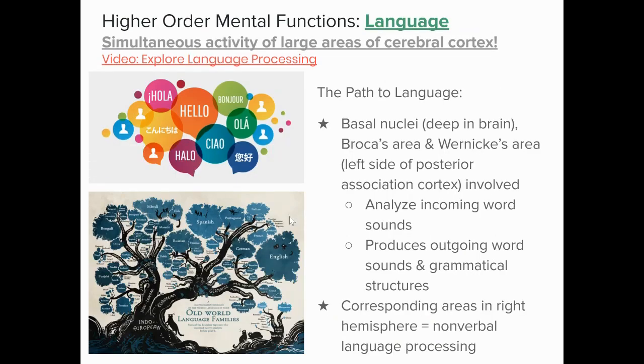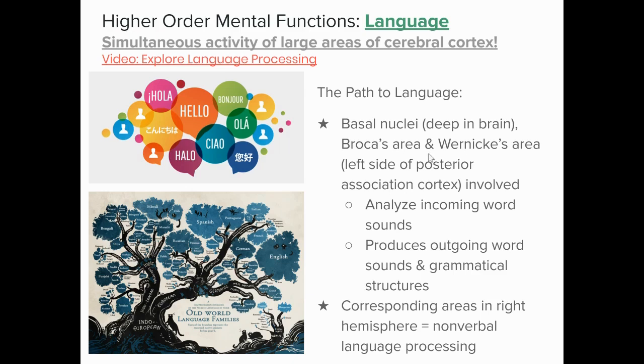Another higher order mental function is your language. This involves the simultaneous activity of large areas of the cerebral cortex. And there's a video here on this. Some of you might be interested in speech, so you will definitely study the brain and the path of the language.